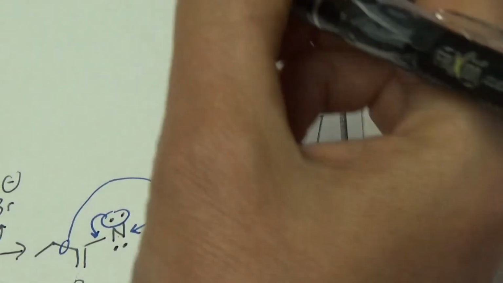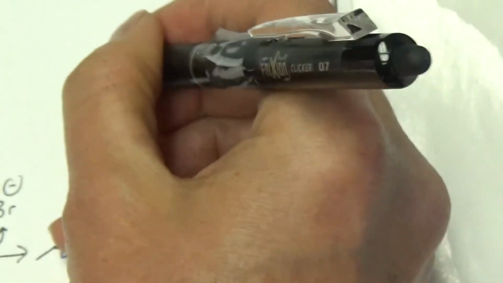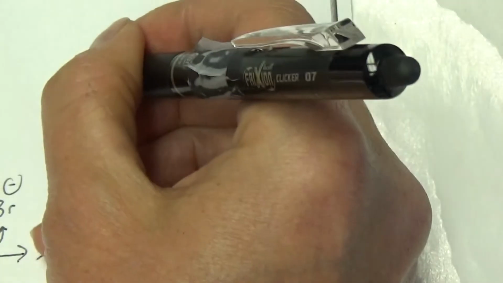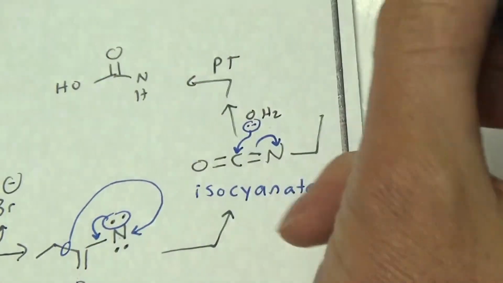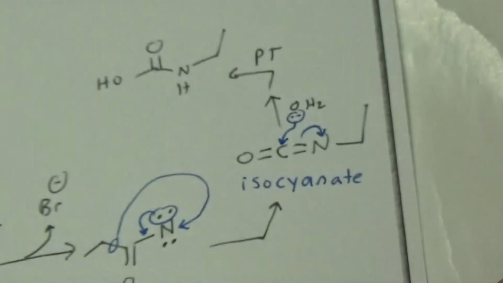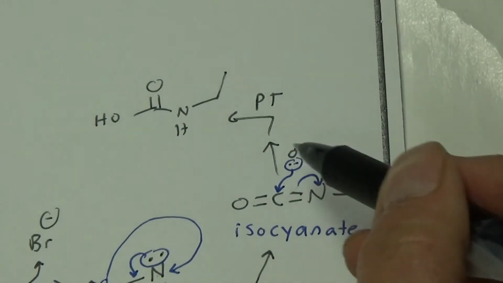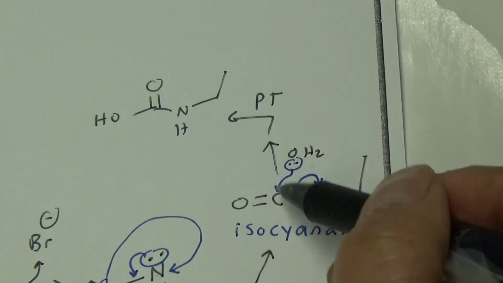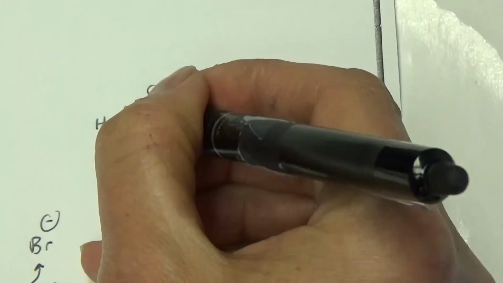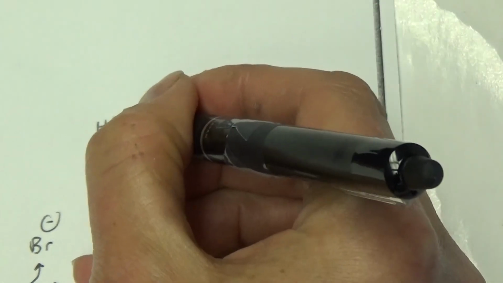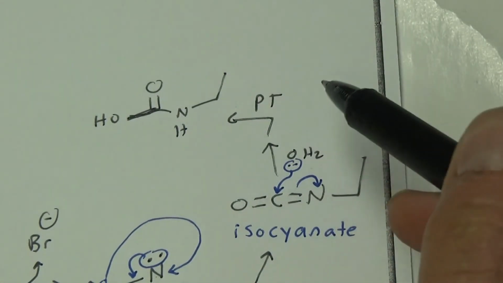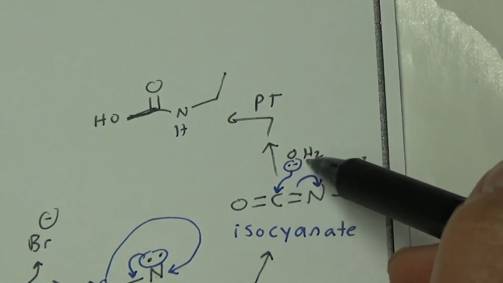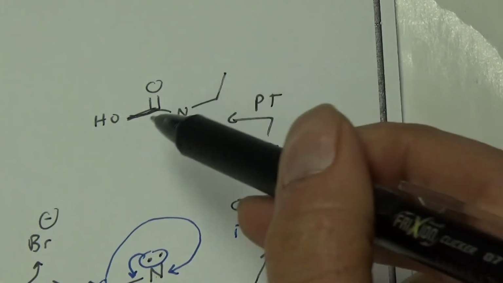So that gives me HO, nitrogen, ethyl. Okay, so oxygen attacked the carbon, and that's where the OH is. But I also, just to save a little space in one step, said PT, which assumed that one of the protons from the oxygen moved over to the nitrogen.